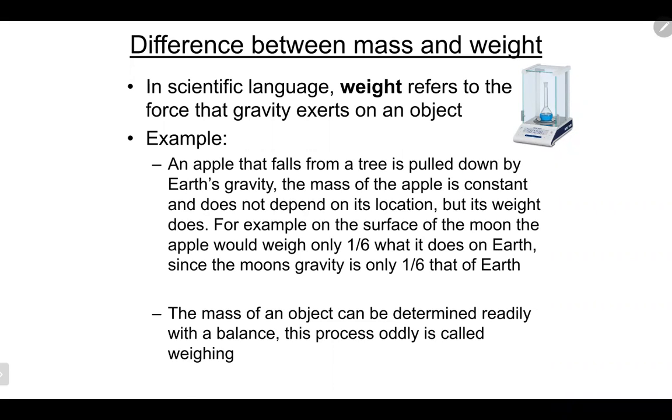So it's really important in chemistry when you weigh something that you refer to it as the mass of the object, and not the weight of the object, although we could call the process weighing something. But we do refer to it as the mass, which again is independent of the force of gravity.